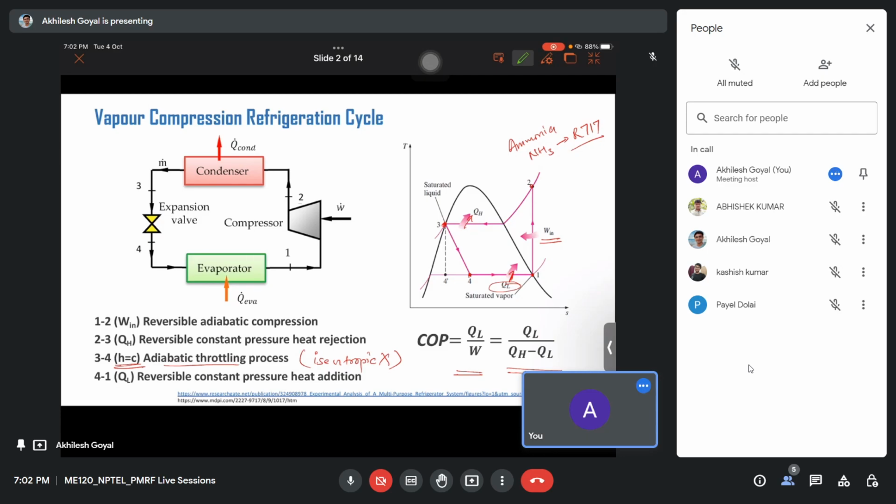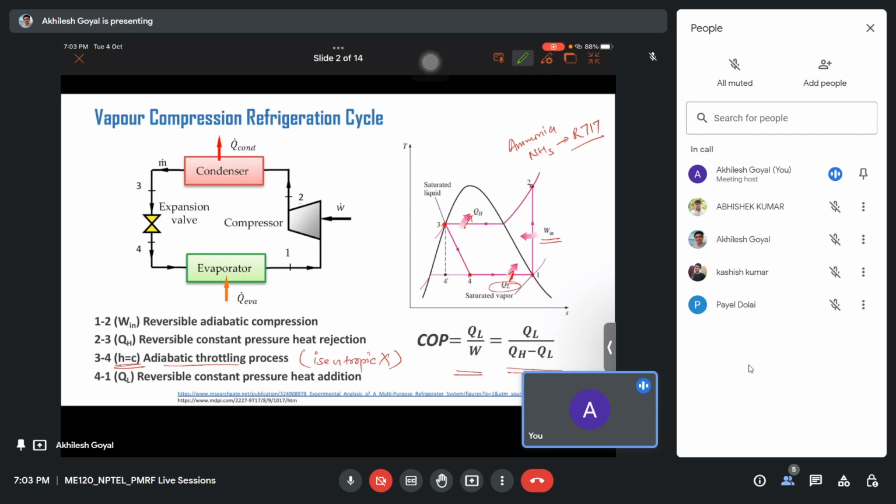So the centrifugal compressors are used to handle large volumes at low pressures and high specific volumes. So the statement is correct.